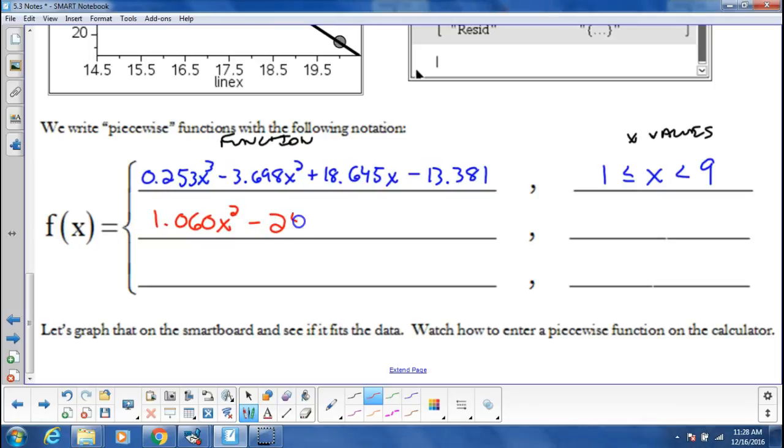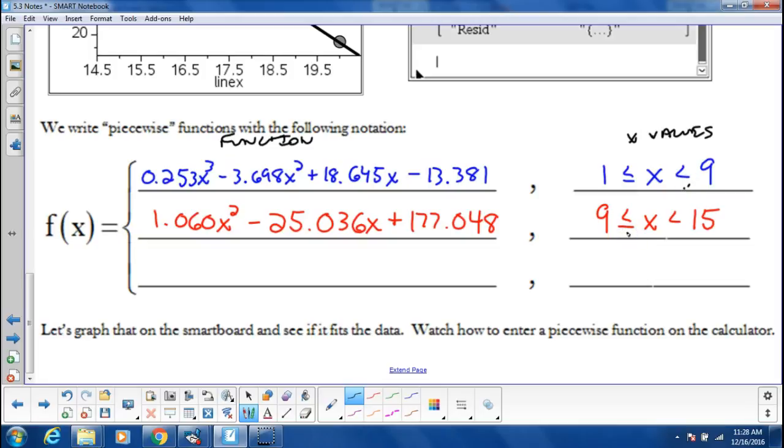Minus 25.036x plus 177.8. And we're on that quadratic from 9 to 15. Notice that I can't be equal to 9 either here or there.